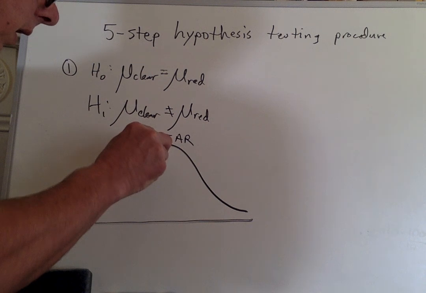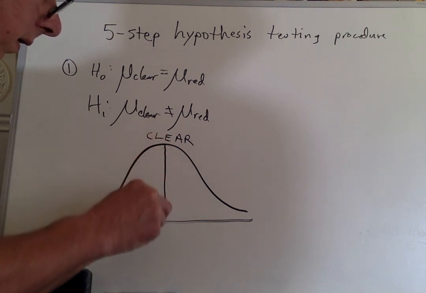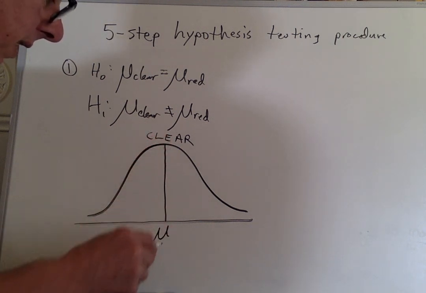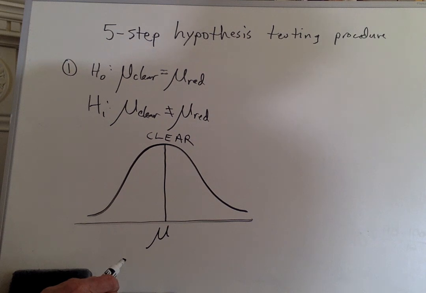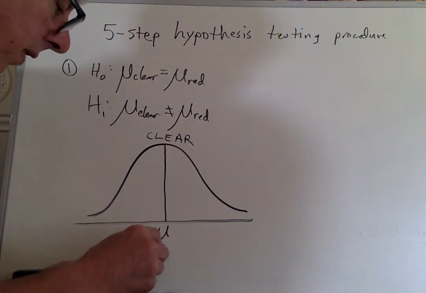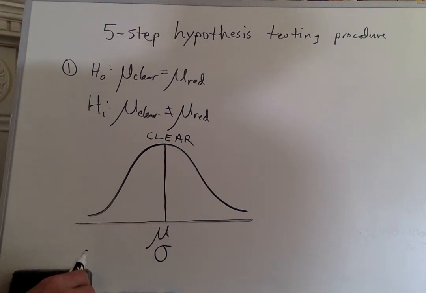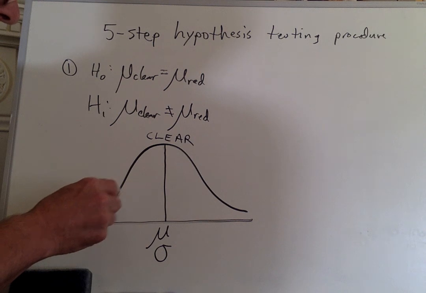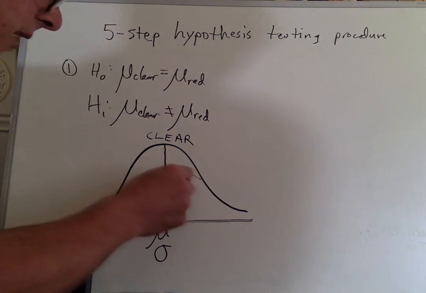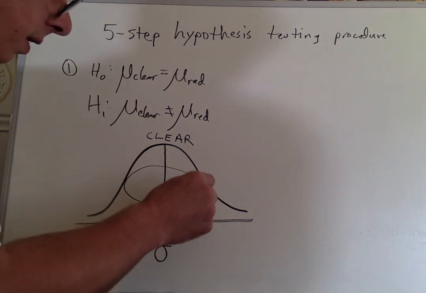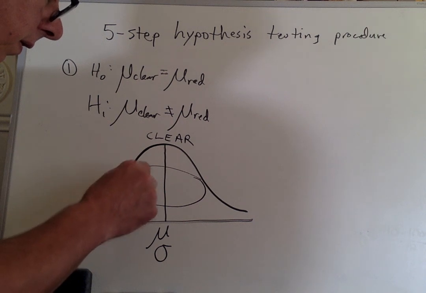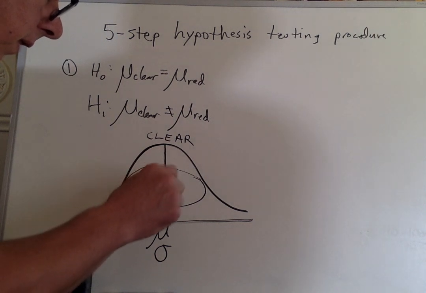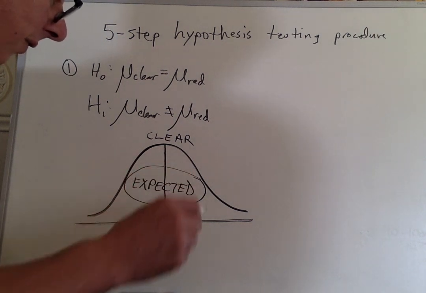Okay. And so if this is the mean for the clear group, and this is the standard deviation for the clear group, then what I'm going to say is, as long as the red food coloring group is in here, right, this should jog your memory, that's for sure.